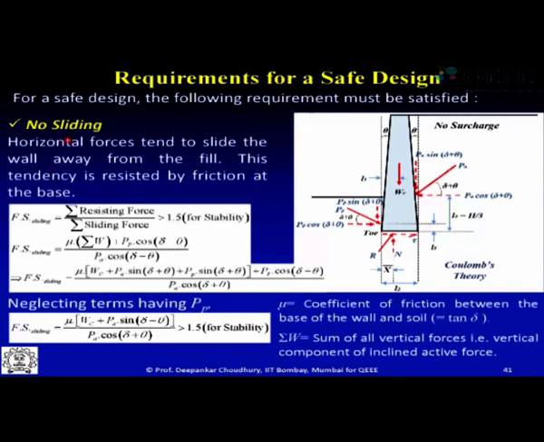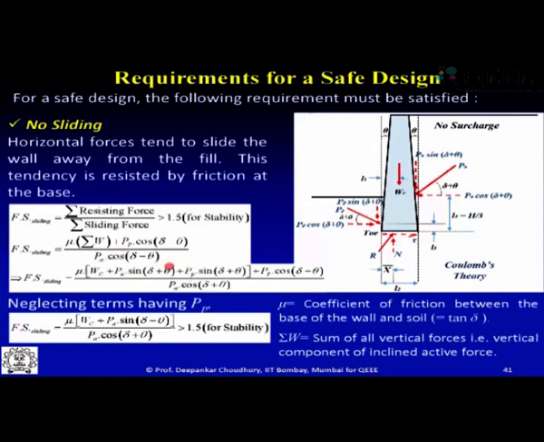Now for the no sliding condition, that means you want to make the designed wall safe against sliding failure, we have to maintain a factor of safety of 1.5. So whatever equation of factor of safety against sliding I have given, that is the sum of all the resisting forces divided by the sum of all sliding forces, should be greater than or equal to 1.5 at least to ensure the sliding stability of the wall.